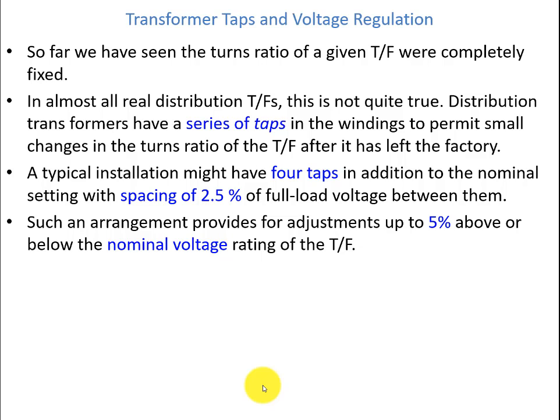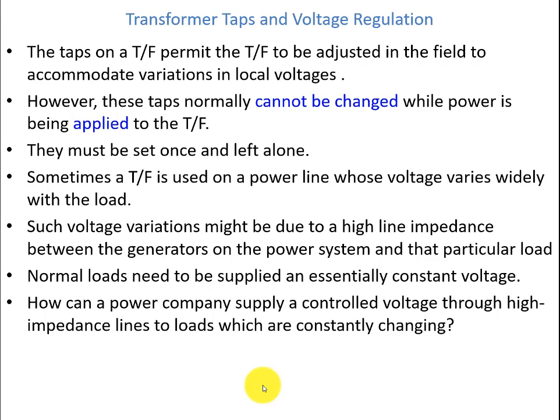A typical installation might have 4 taps in addition to a nominal setting, with spacing of 2.5% of full-load voltage between them. Such an arrangement provides for adjustment up to 5% above or below the nominal voltage rating of the transformer. I've told you that we need to do this for various reasons, because of the voltage drops that occur due to the transmission and all those effects.